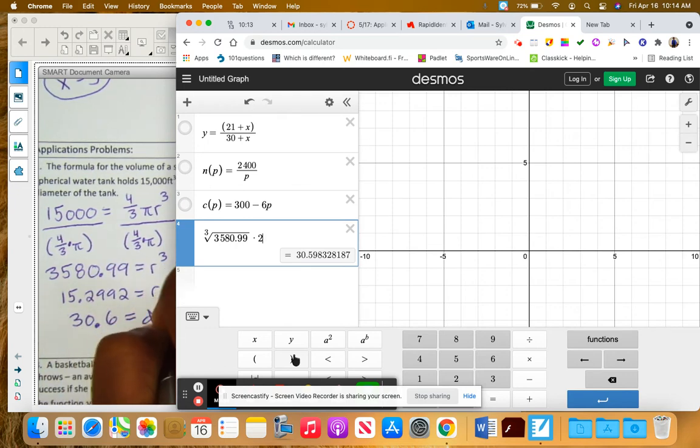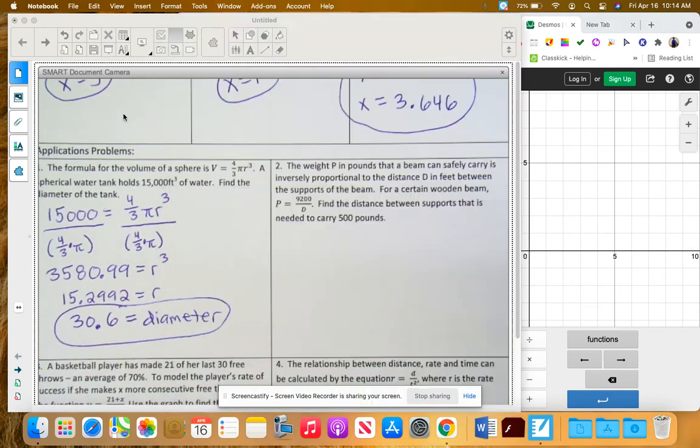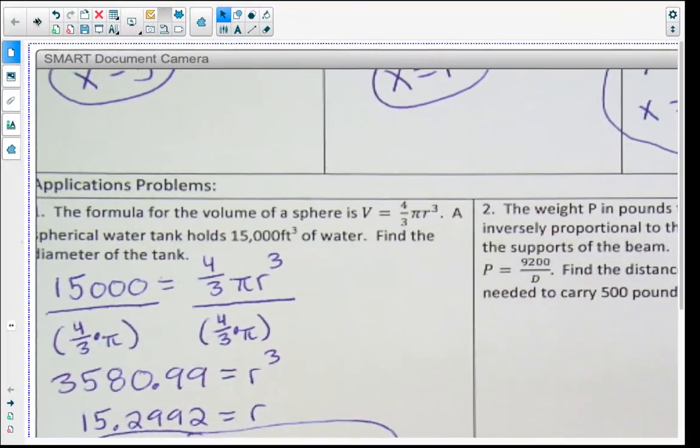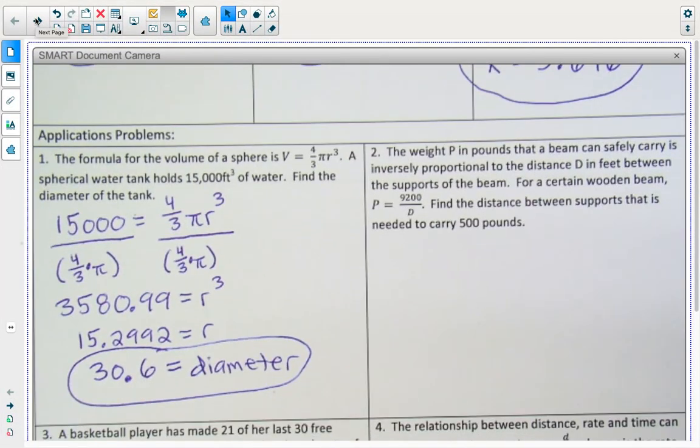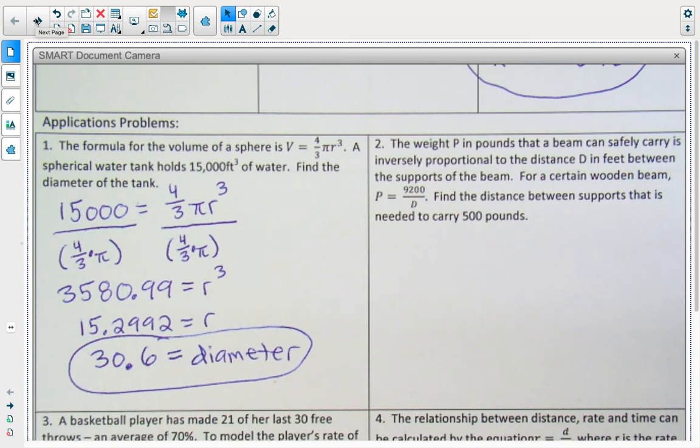And this is my diameter. Okay, so that is the answer to that one. So Desmos definitely helped us out with some of those numbers and calculations. It said find the diameter. The diameter is 30.6, 30 and 6/10.